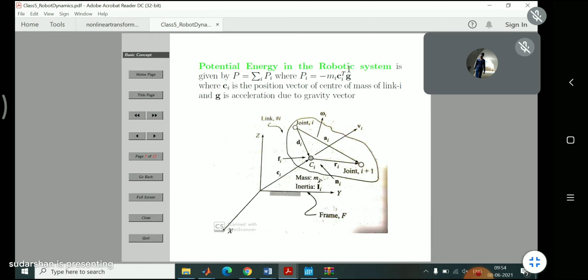So again, C transpose G is a scalar quantity. The position vector of the center of mass of that particular link, with respect to the origin, we denote as small ci.